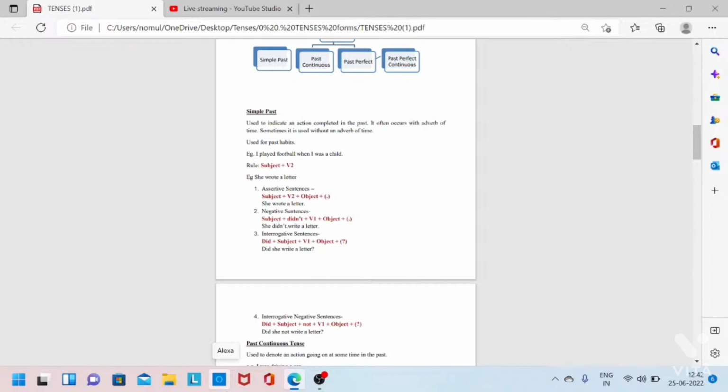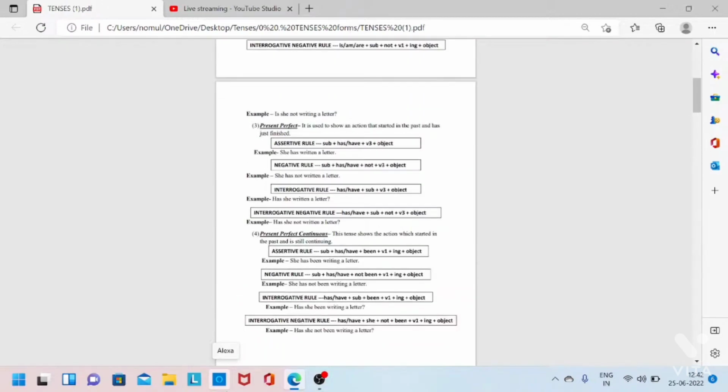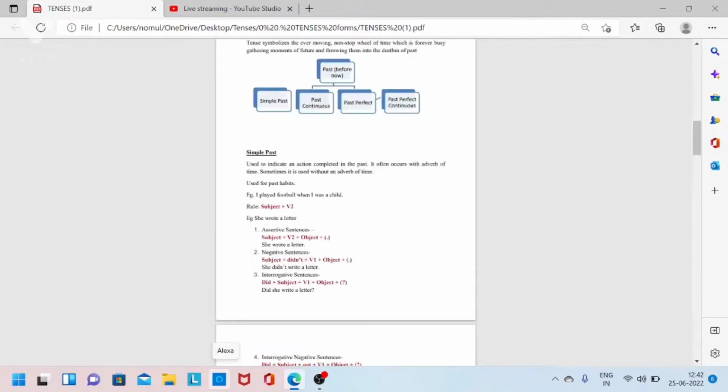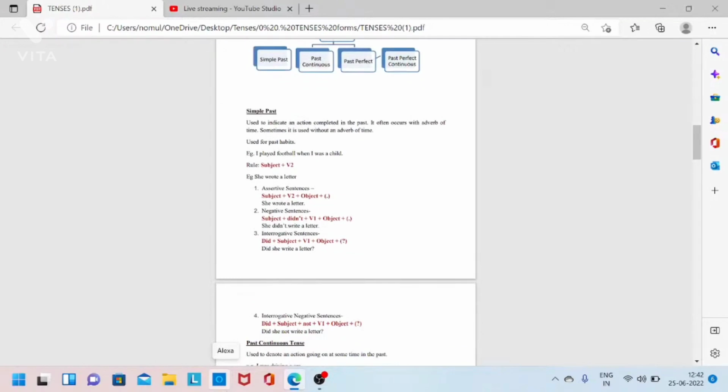Negative sentence is subject plus did not plus v1 plus object. Okay, here we will be using did, always we use did. As in the present tense we use has and have, here we will be using did. So negative sentences: subject plus did plus not plus v1 plus object. She did not write a letter.